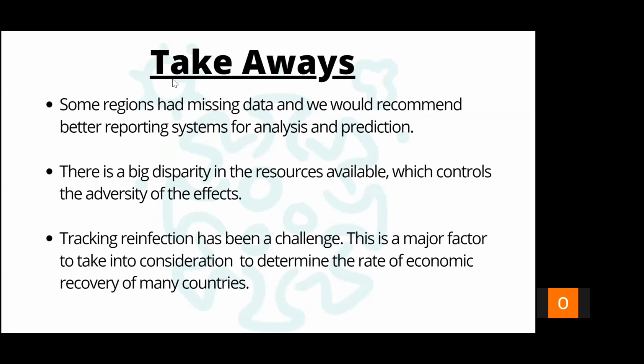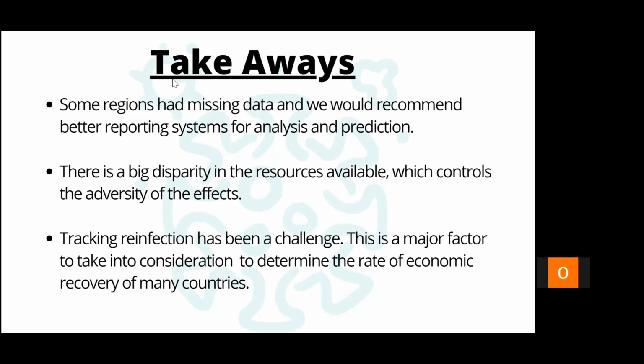We were able to realize that some regions, such as Africa, didn't have very many numbers, but we acknowledge that there could be a different scenario at the grassroots level. So with better reporting systems, we'd be able to get more data, which we presume would make the outcome more accurate. On to the next one.